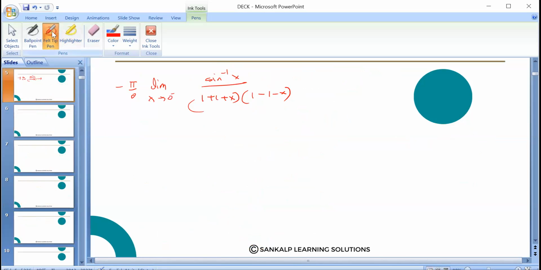In doing so, I'll get minus pi by 2 limit x approaches 0 minus sin inverse x by, minus and minus will cancel, x plus 2 into minus.